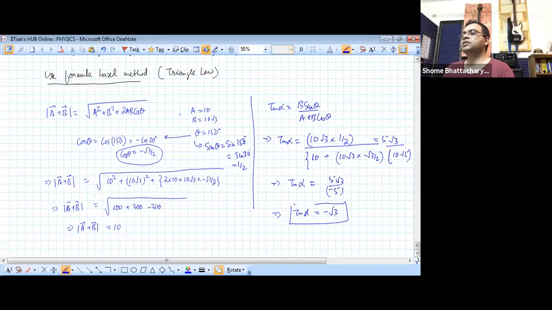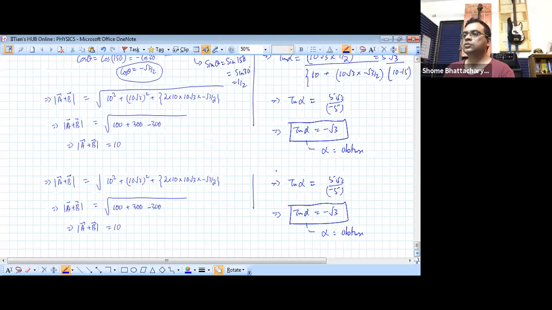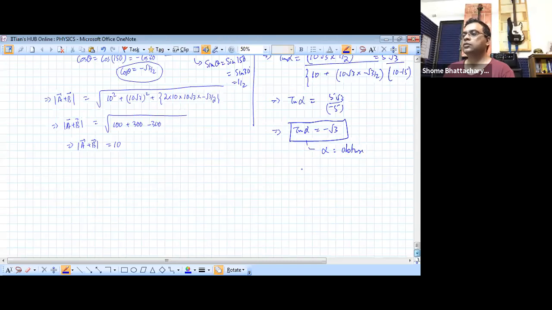So the moment you're seeing this is the case, you know that alpha is an obtuse angle. So therefore, you know that tan 60 is root 3. Therefore, tan of 180 minus 60 is minus root 3.